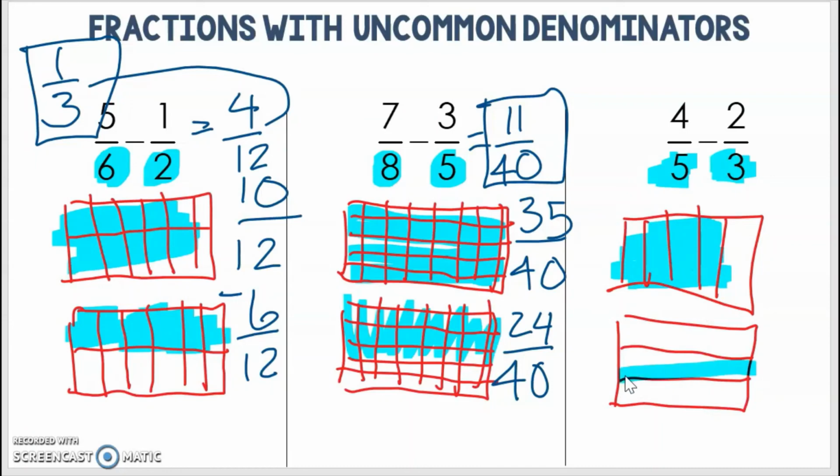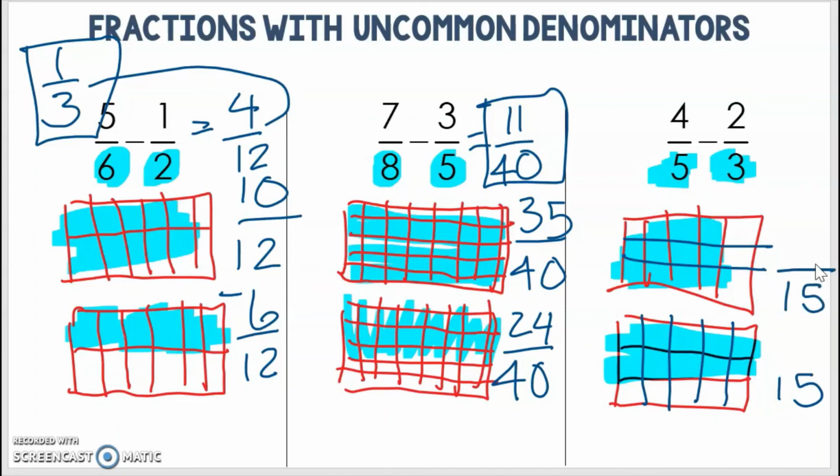Mark 2/3, and we're going to make them common terms by drawing these lines up here and drawing these vertical lines down here. Okay, now they look the same, and my term has changed to 15ths, right? So on the top I have 12/15ths shaded, and on the bottom I have 10/15ths shaded. So 12/15ths minus 10/15ths is going to give me 2/15. And again, that's also already reduced.